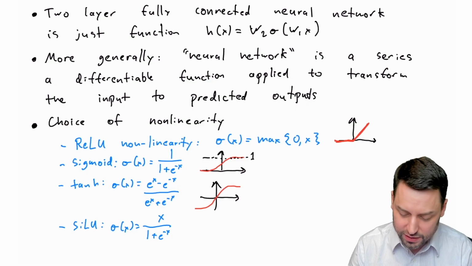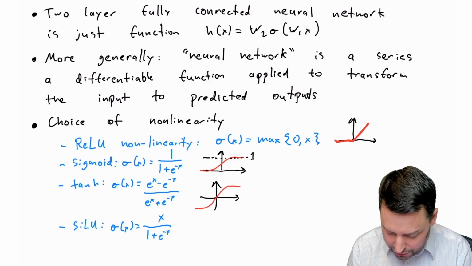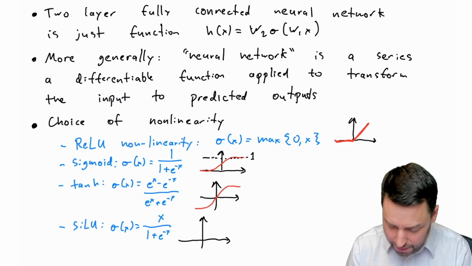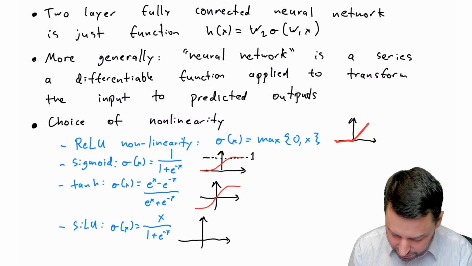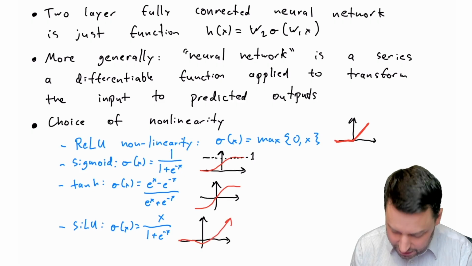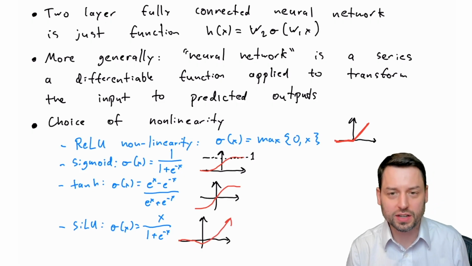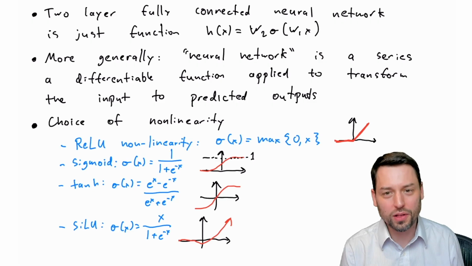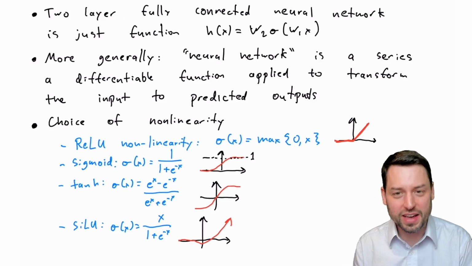The reason it's called a SiLU is that it looks a little bit similar to the ReLU, kind of like this. It goes down a bit and then it comes up. So it's a smooth version, in some sense, of the ReLU nonlinearity with a brief negative portion as well.